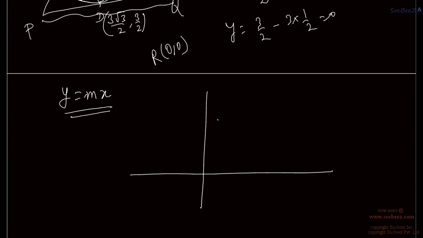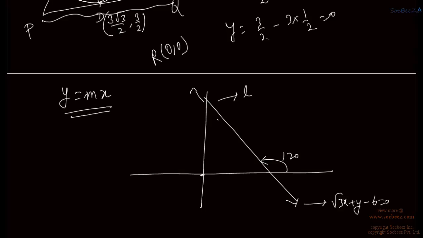Okay, so let us have a plot. It's like this. This is line PQ, that is root 3x plus y minus 6 is equal to 0. So this angle is 120 degrees. From the origin we have to draw two lines which make 60 degrees with this line PQ. Say line PQ is line L1.